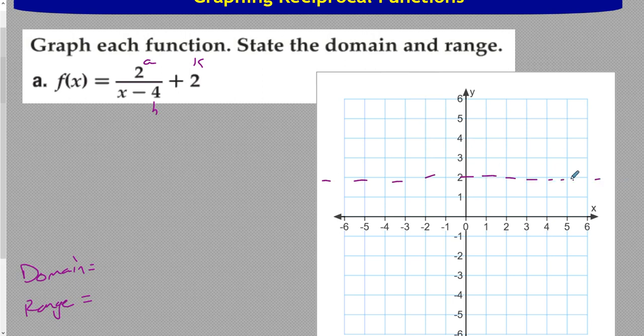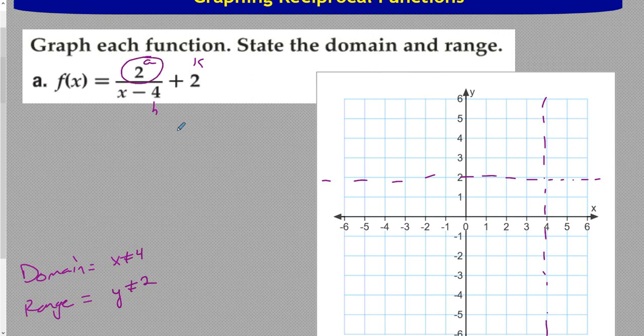That's the value this can never actually get to. And that's because this portion can never equal 0, so we can never actually get to 2. 4 will be my vertical asymptote, because x cannot be 4, which means for the domain, x cannot equal 4, and for the range, y cannot equal 2.